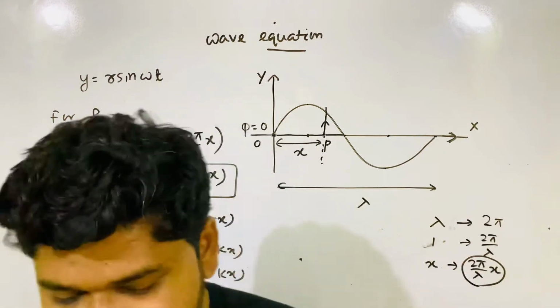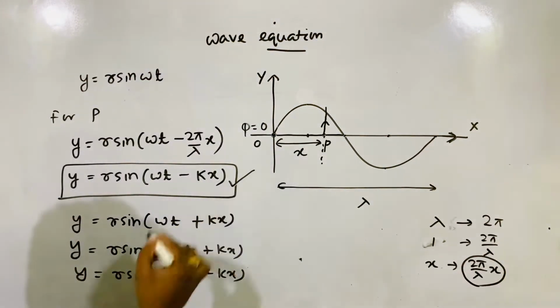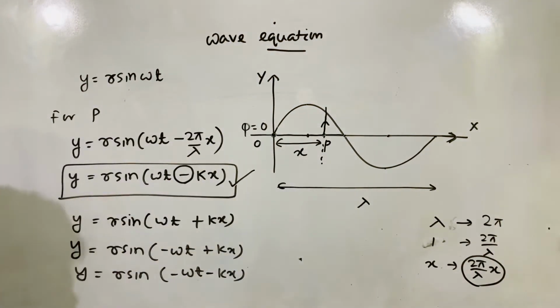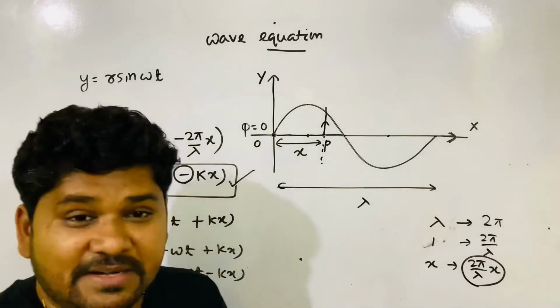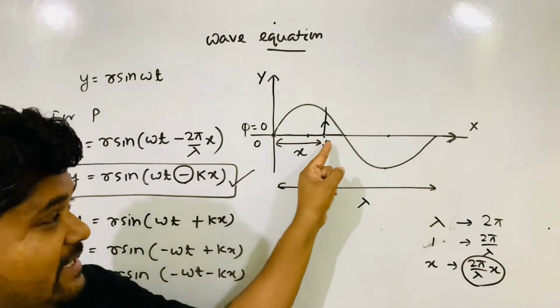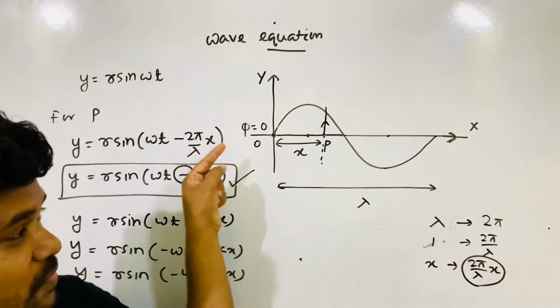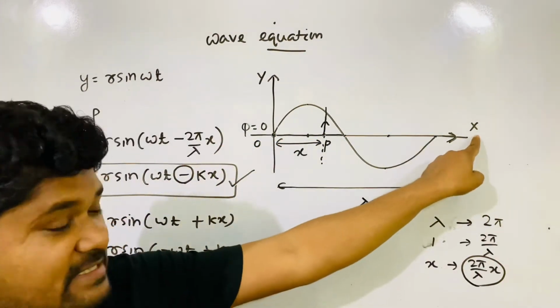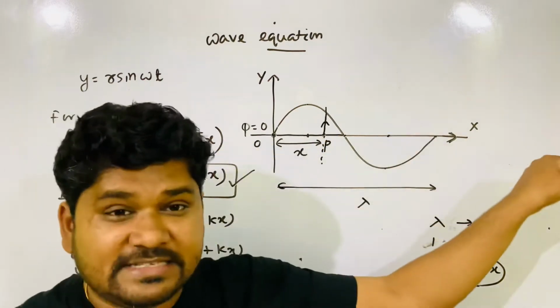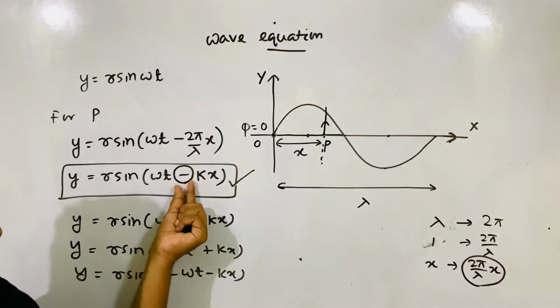So first let's analyze this equation. Why does this minus sign come here? The minus sign comes because we consider the particle here and the wave is propagating in this direction. Along which direction is the wave propagating? Positive x-axis. That's why the minus sign comes here.